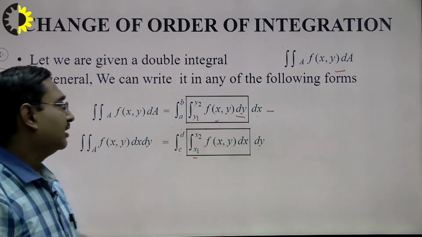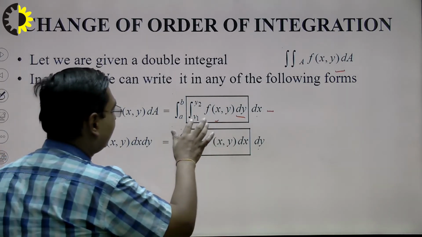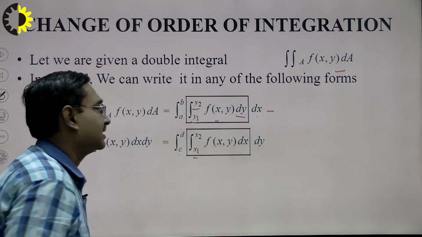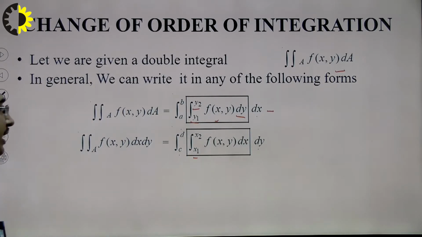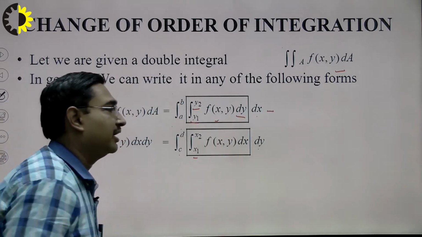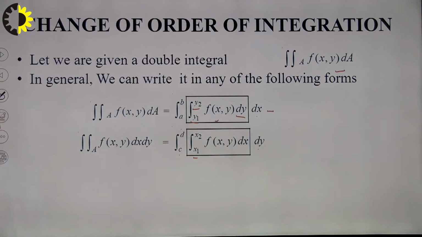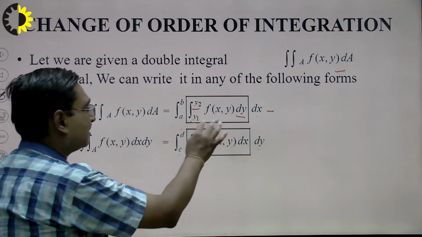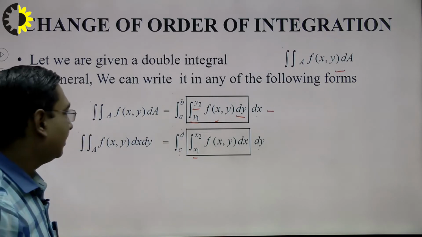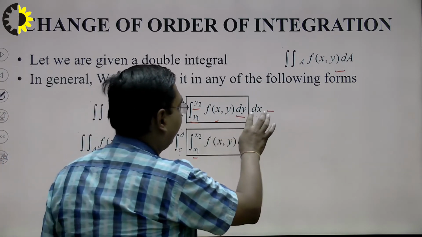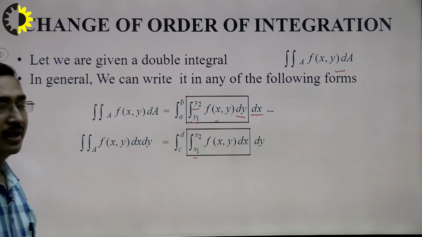What is the difference between these two forms? In this integral, these limits are indicated as y1 y2 and dy is mentioned here. Means in this integral we are first integrating with respect to y, and then the resulting integral will be evaluated with respect to x.